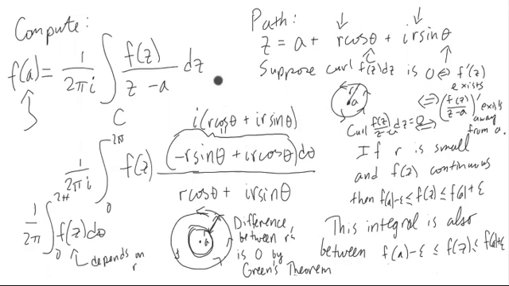And then when we replace our dz in terms of d theta, taking a derivative with respect to theta, we end up getting this right here. So the derivative there is negative r sine theta plus i r cosine theta, and a d theta. Keep in mind, this is kind of neat.